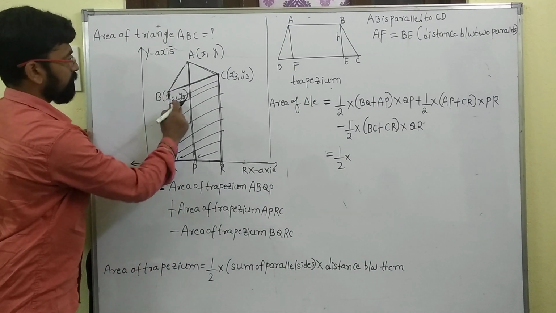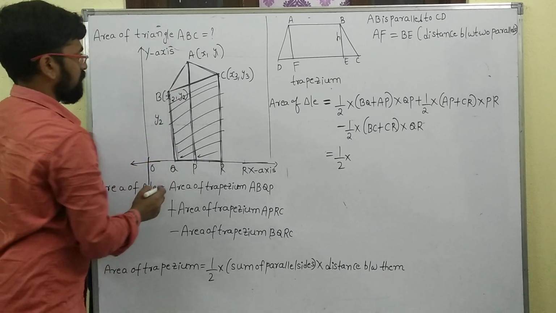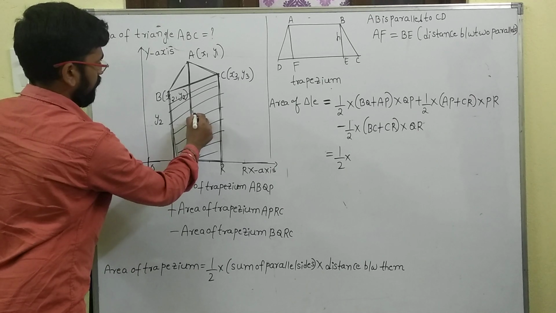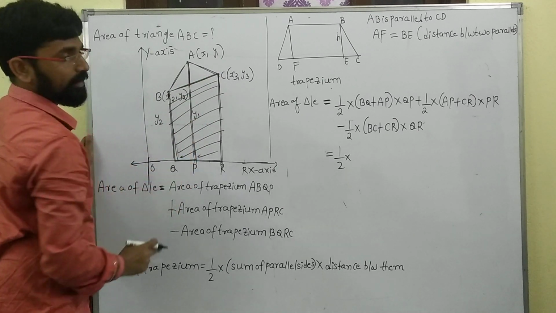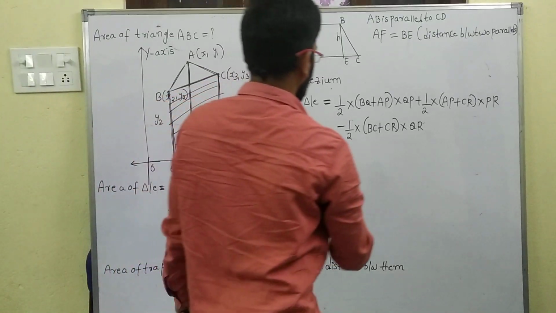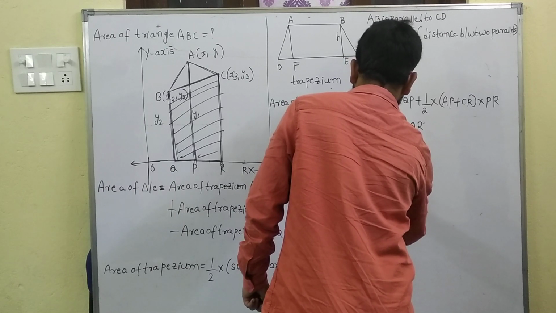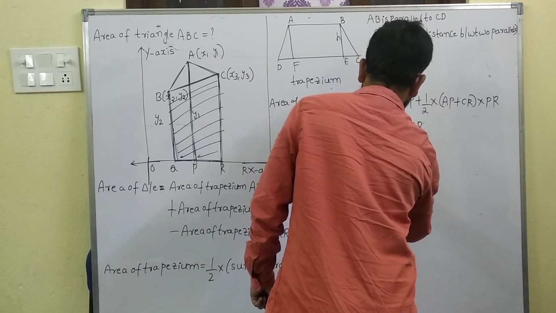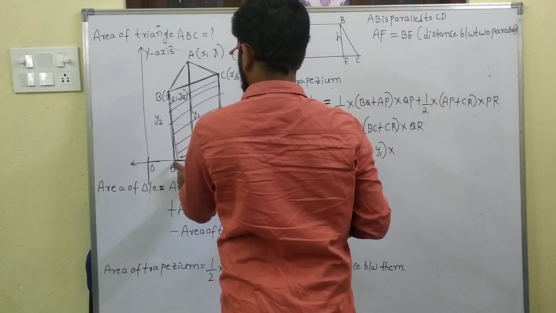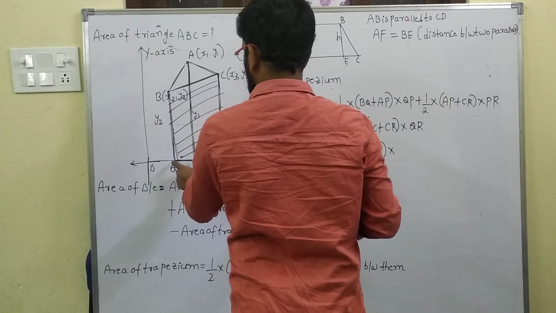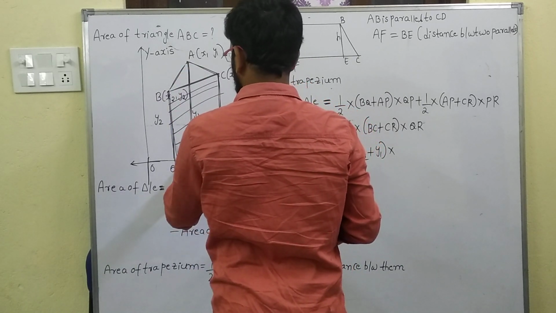So BQ equals y2. Now this total belongs to y1. Here the y coordinate is there, so it is equal to the y coordinate. So total BQ equals y2 plus y1, into what is AP? From here to here is QP.